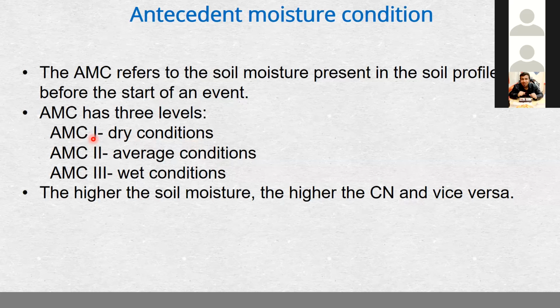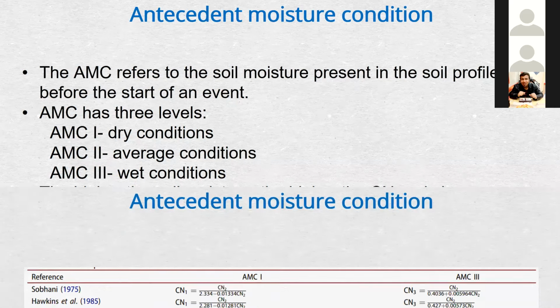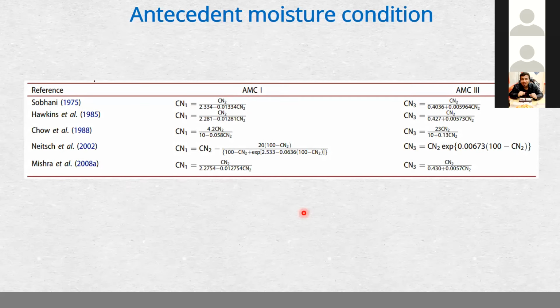And if rainfall is continuously happening for 3 to 4 or 5 days, then most of the water will become runoff, because the infiltration demand will already be met in the previous 2 or 3 days of rainfall. In that case, we have the AMC wet condition. But in the general scenario, the CN that we calculate from the previous formulas is for AMC 2. So if we get the AMC 2 curve number from the GIS analysis, we can get CN1 or CN3.